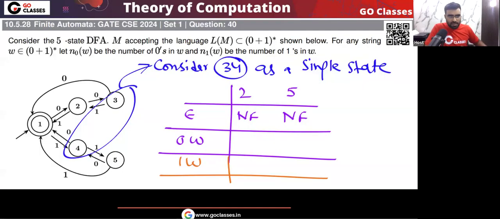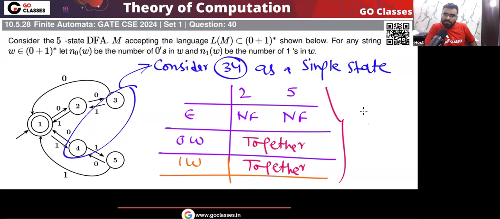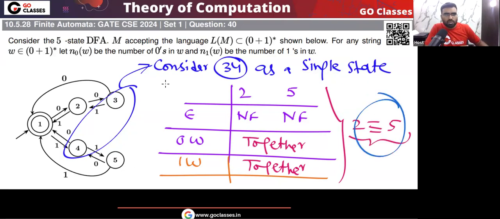So whether the string is starting with 0 or 1, they are together. So can I say they are equivalent? They will always go to final together, and to non-final together. So they are equivalent. Yes or no? 2 5, they are equivalent.